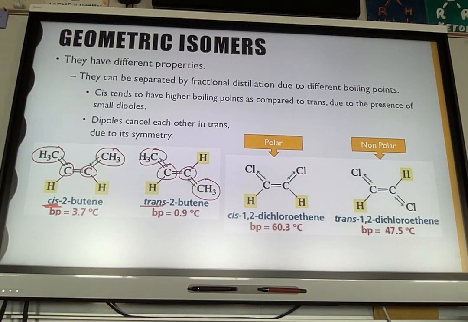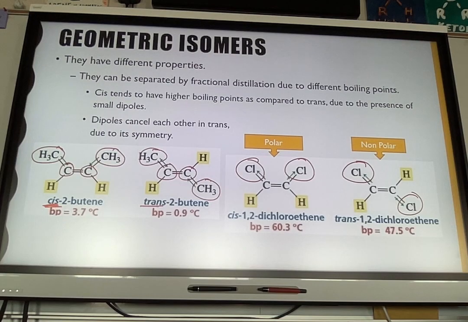All right, here's cis-1,2-dichloroethene and trans-1,2-dichloroethene. The differences in these are going to be boiling points, melting points, and how they exist.